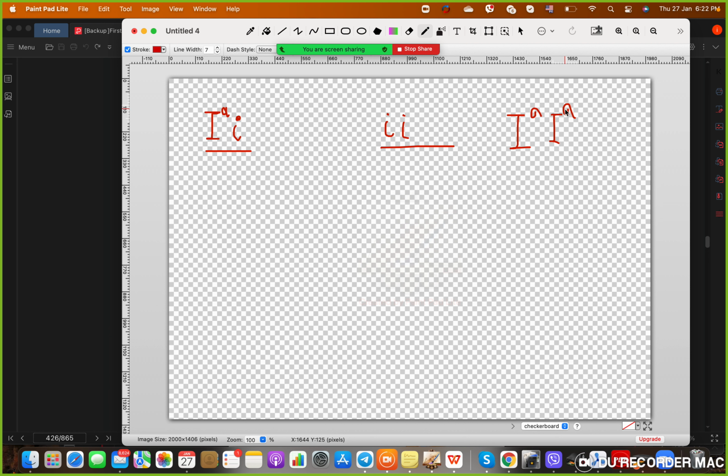This is A as well. Okay, so let's try to understand what codominance is. If I say my father's blood group was A and my mother's blood group was B, so my blood group is AB.